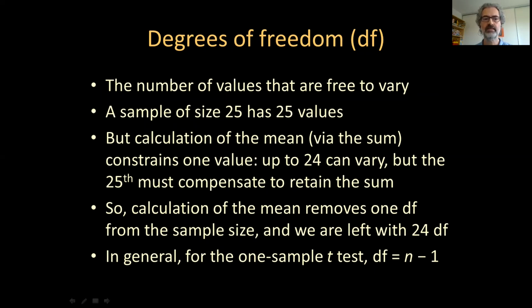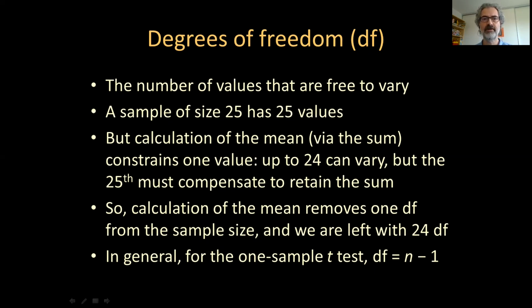So this calculation of the mean by summing up creates a constraint. This means that the sum cannot change once it is calculated. So if 24 of the 25 values vary, the 25th must vary to compensate for all the other changes.